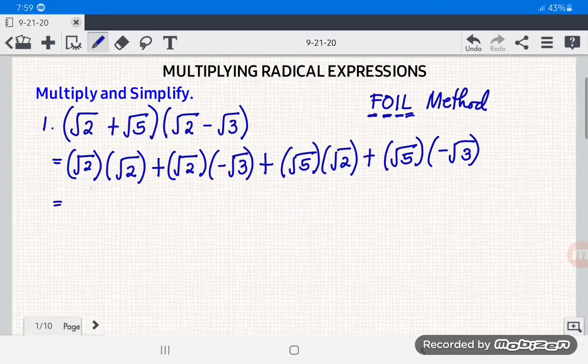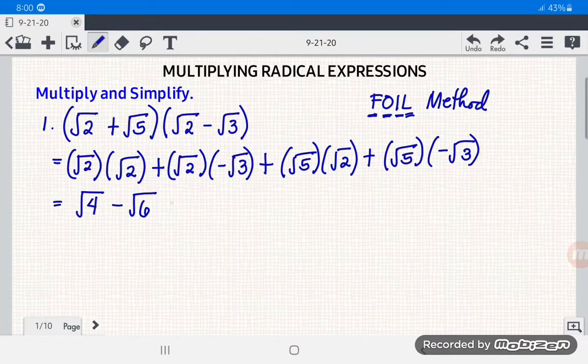Then let us now multiply. Square root of 2 times square root of 2 is square root of 4, or simply 2. Then square root of 2 times negative square root of 3 is negative square root of 6. You're going to multiply the radicands.